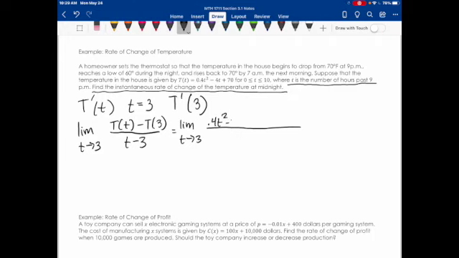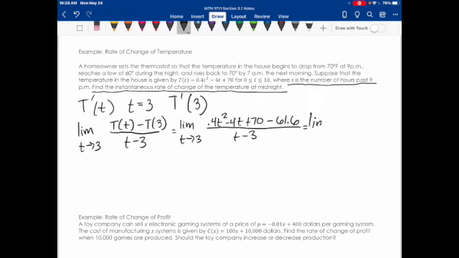I'm going to plug in my function, which is 0.4 t squared minus 4t plus 70. And then I have to subtract the value of the function at t equals 3, which would be 61.6. And that's still over t minus 3.